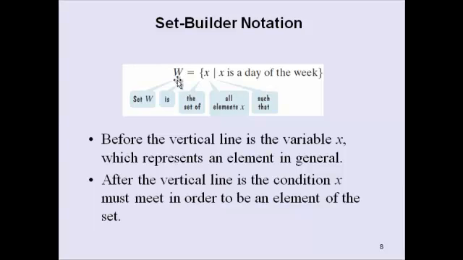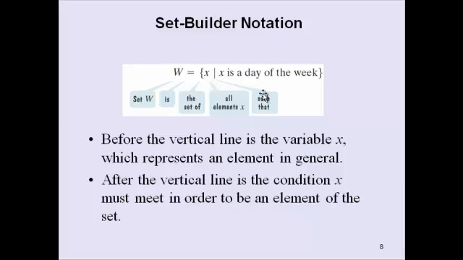So here W, notice again the capital letter, is equal to this. The brace denotes the beginning of the set, x. Okay, so x is going to be all of the elements in W. So this is a variable. It is going to vary to become each member of the set.